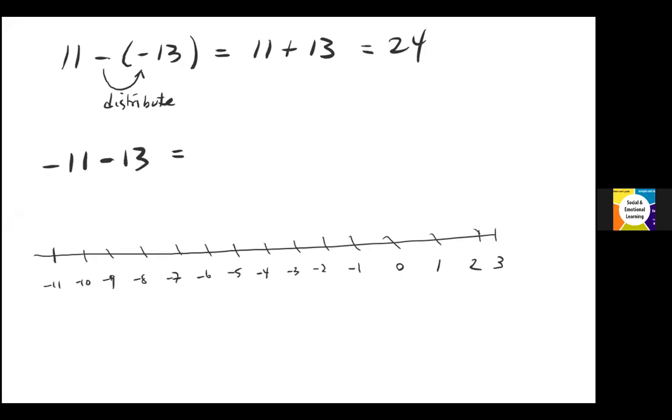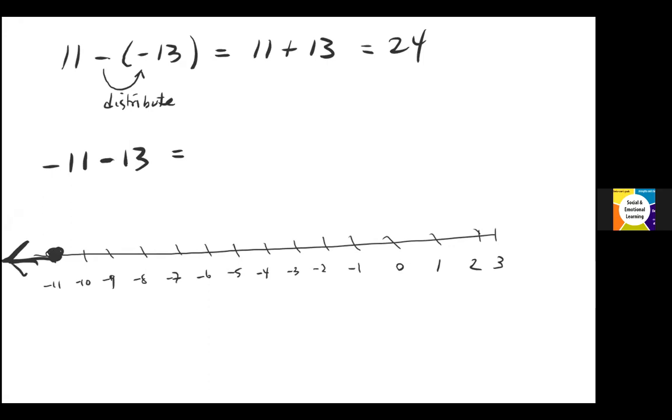When we're adding and subtracting, and we're starting out with negative 11, we can visualize that by saying, okay, I'm here on the number line at negative 11, and I want to subtract another 13. We're going to be moving to the left. We're going to be going more negative.